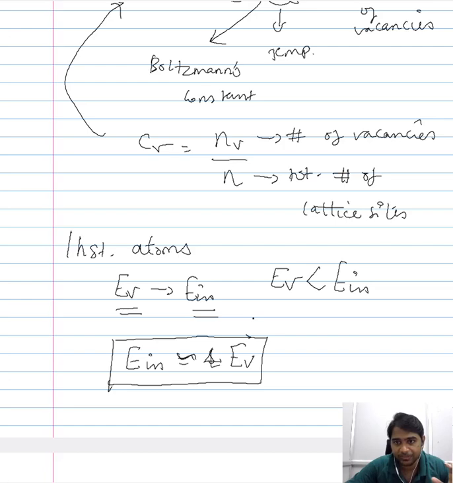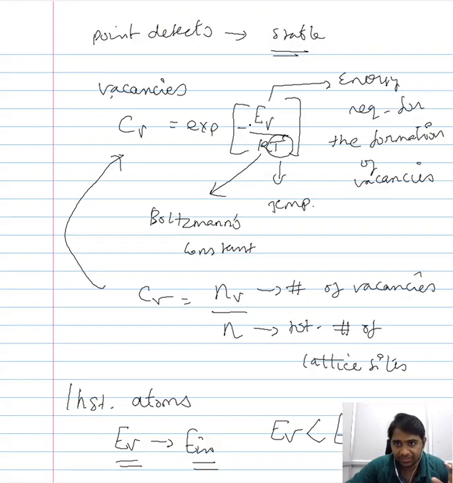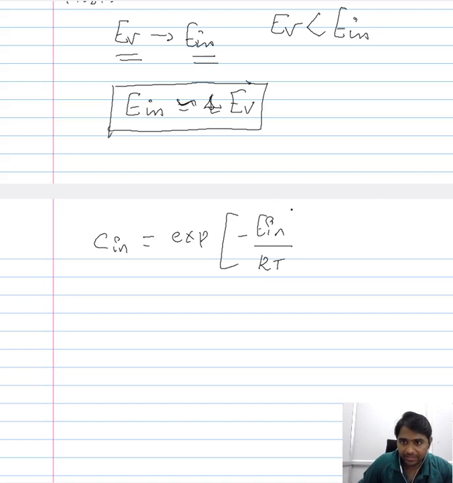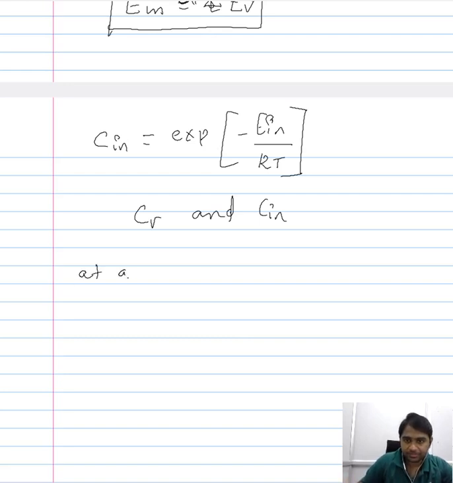So under such a condition, when you have an expression for the concentration of interstitial atoms at a given temperature, it would look something like this: exponential minus EIN by kappa T. And when you compare the CV, the stable concentration of vacancies, and the stable concentration of interstitial atoms, then you would observe that at a given temperature, the stable concentration of vacancies is significantly higher than the stable concentration of interstitial atom.